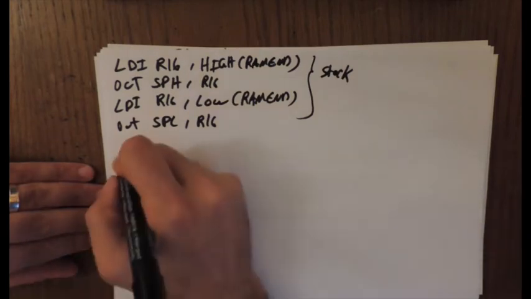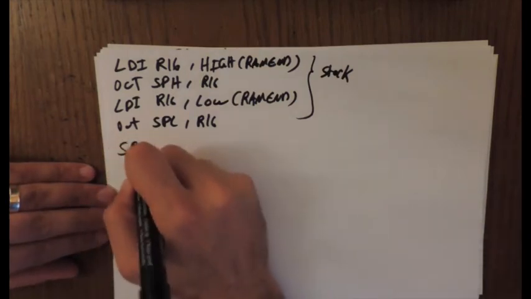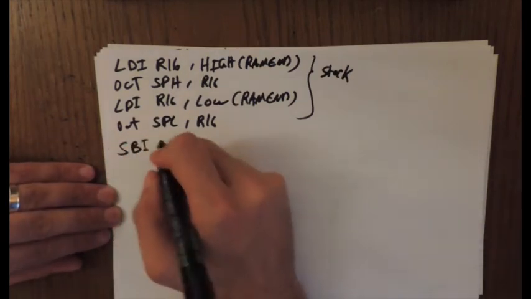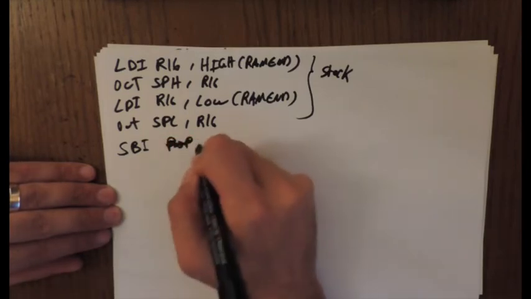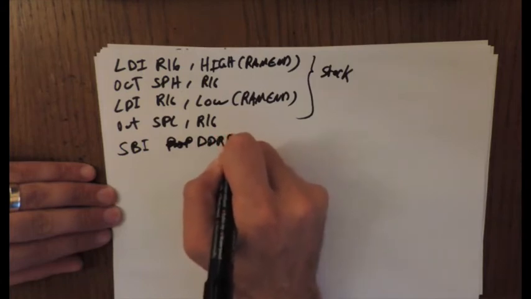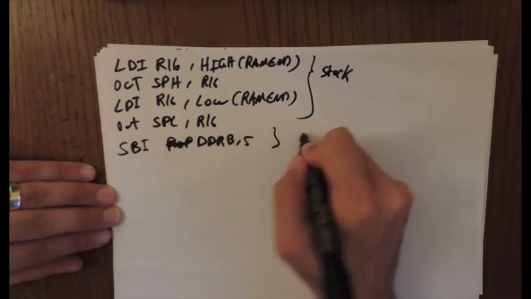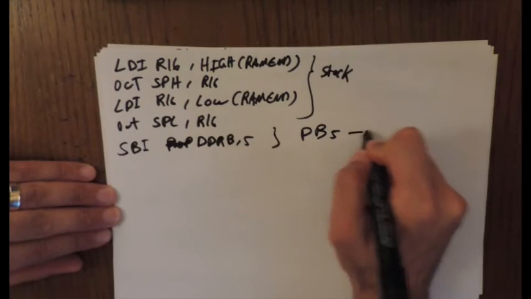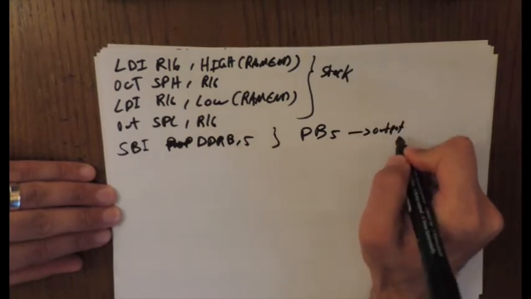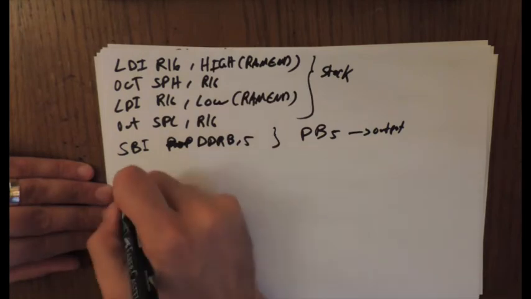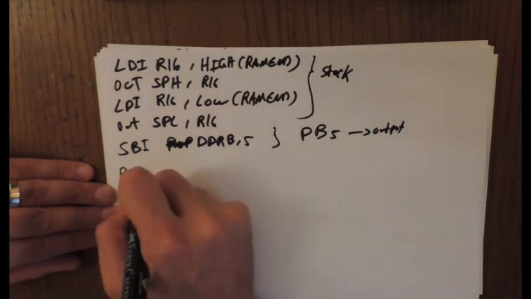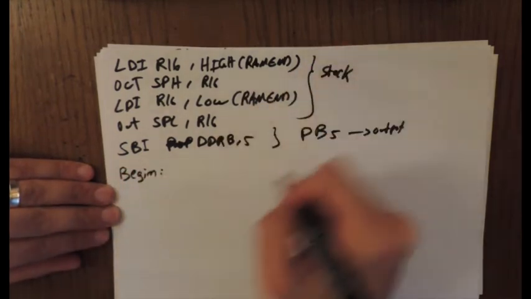Second, we have port B. We need to set the outputs and the inputs. We don't have inputs here, so we want to set DDRB, 5 as output. So here I'm saying pin PB5 is output. Here's the beginning of the program. These are the initialization.